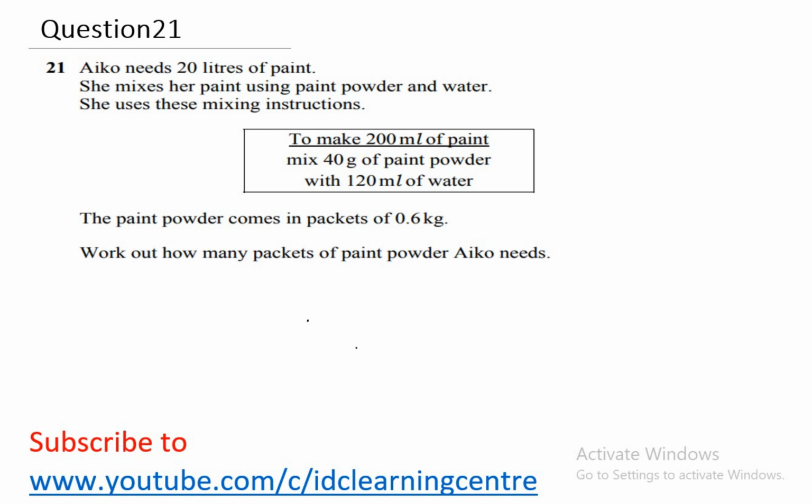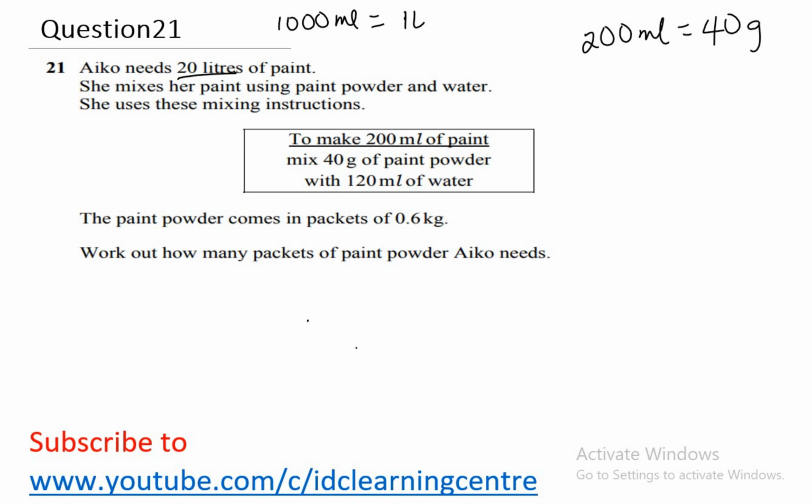Alright, now to answer this question, we know that to make 200 milliliters of paint, we need about 40 grams of paint powder. To make 20 liters of paint, remember, 1000 milliliters is equal to 1 liter.